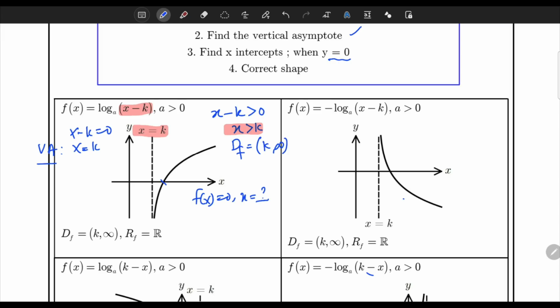From the graph you can see that the domain starts from k and the graph goes to the right, and the range will be all real numbers. It goes towards infinity and also towards negative infinity.